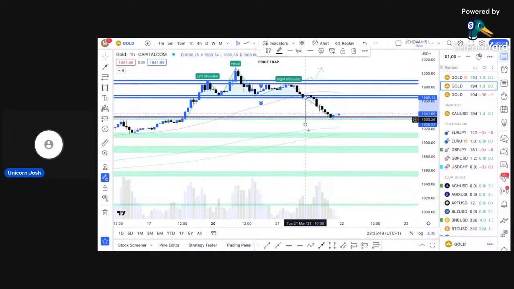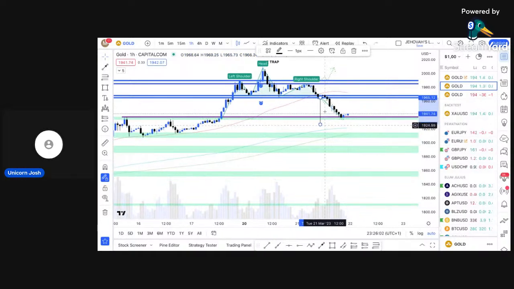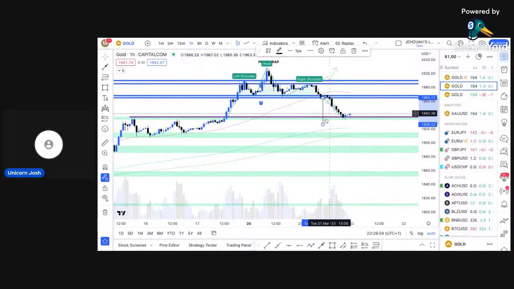We're expecting the price to get all the way to this point. Although it's already in a powerful support area, ideally this is the target for this setup. So that's what we can see in front of us right now.